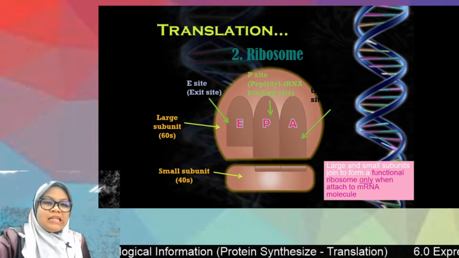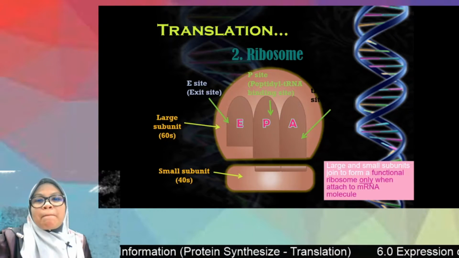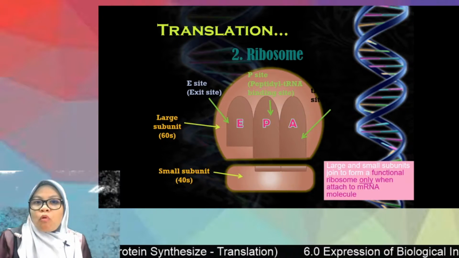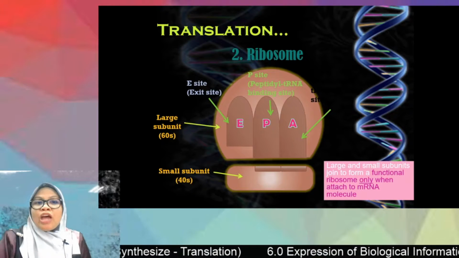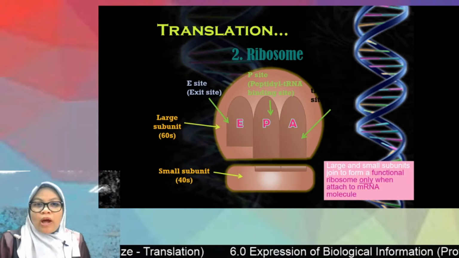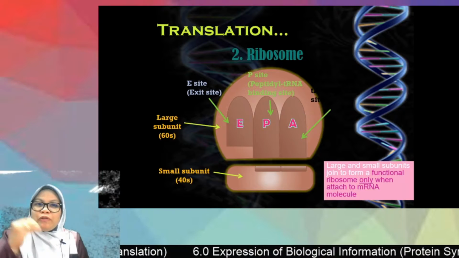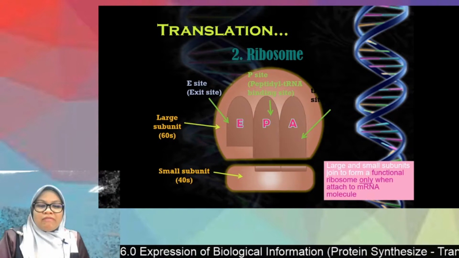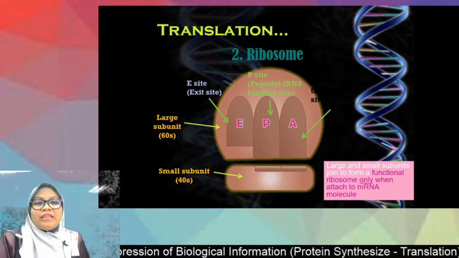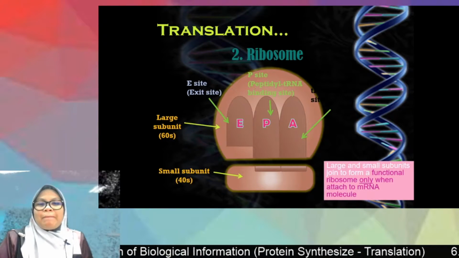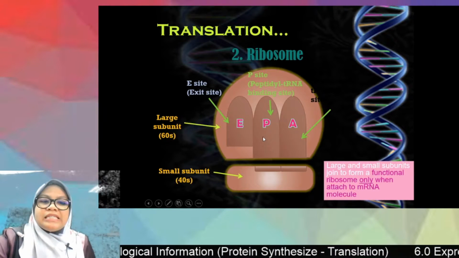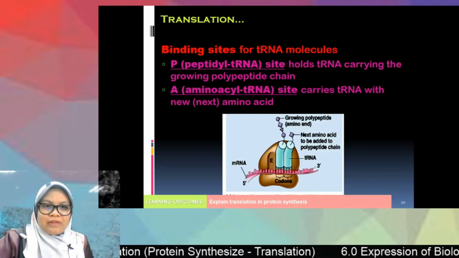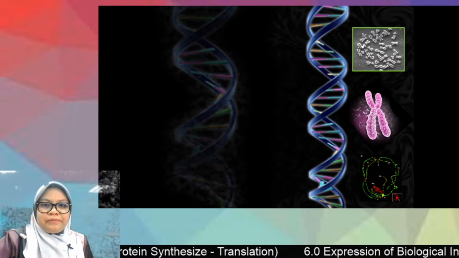Peptidyl tRNA means the tRNA carrying the growing polypeptide, so the tRNA is bound to more than one amino acid. The binding site for peptidyl tRNA is at the P site. The E site is the exit site.